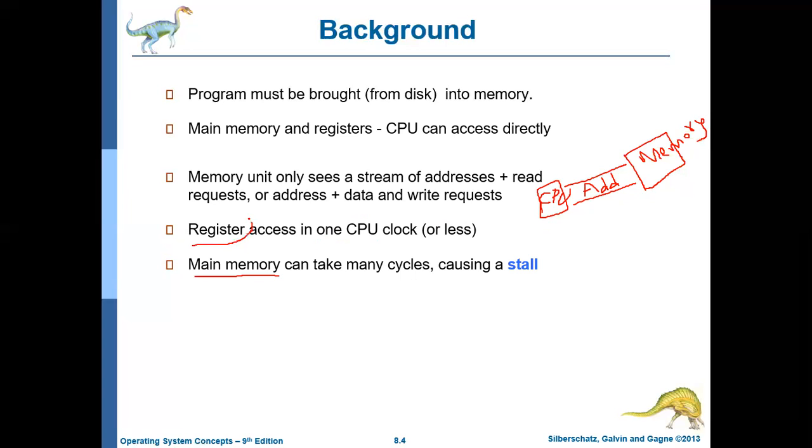The CPU can perform more than one operation on data stored in registers within a single clock cycle. But that is not the case with memory, because memory is accessed through buses, and it will take some time for the CPU to get the data. So completing a memory access may take many cycles of the CPU clock.